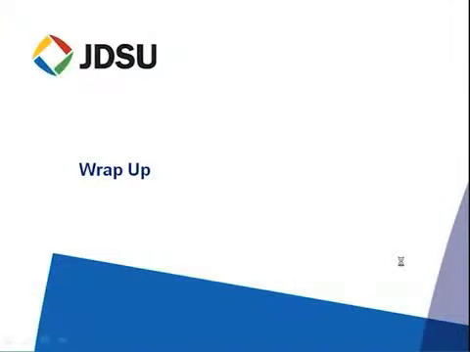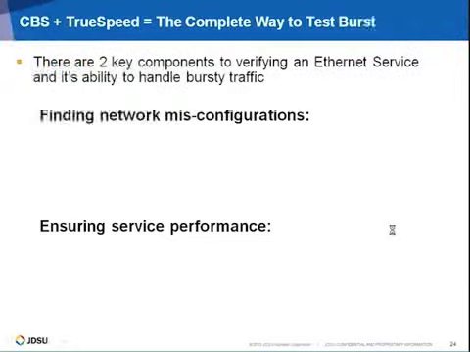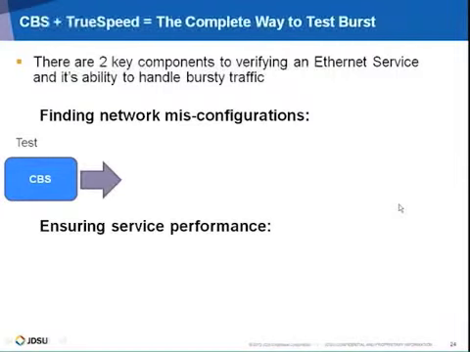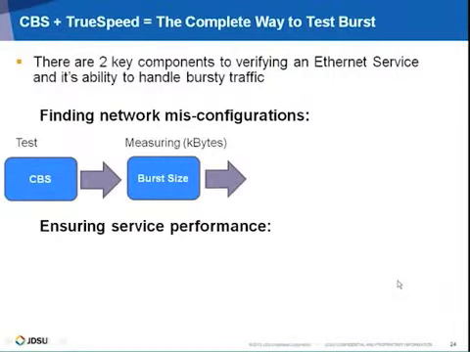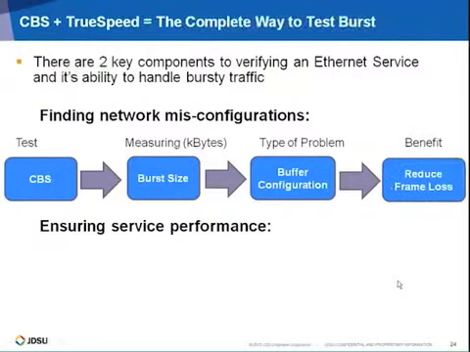So wrapping up what we've talked about today and demonstrated. This is JDSU's recommended way, and the best way, in our opinion, to test burst. In every Ethernet service verification test that exists, whether it's RFC 2544, Y.1564, or RFC 6349, they're looking for two key components.